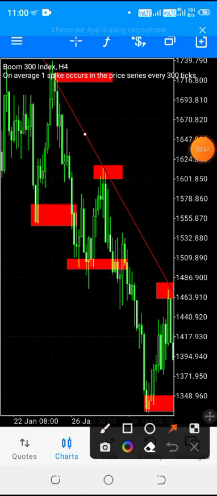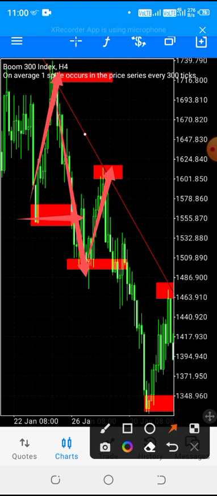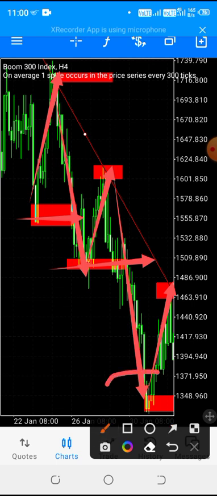The market was making that move, then this move which broke this level, then made this move, then this move broke this level, then we had this move.